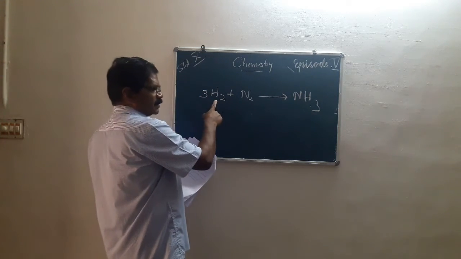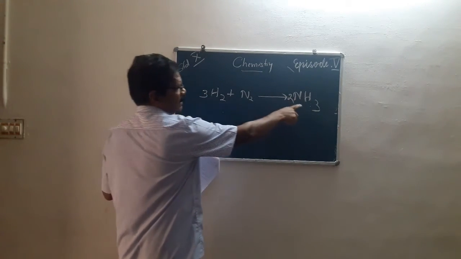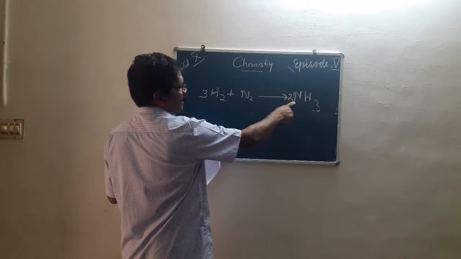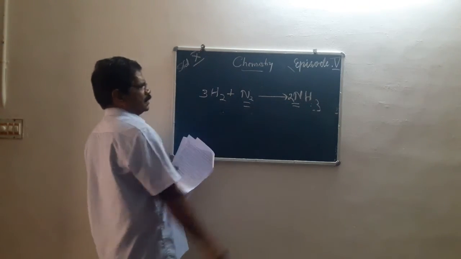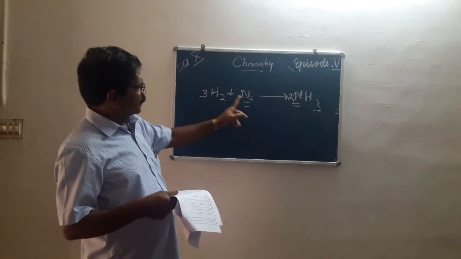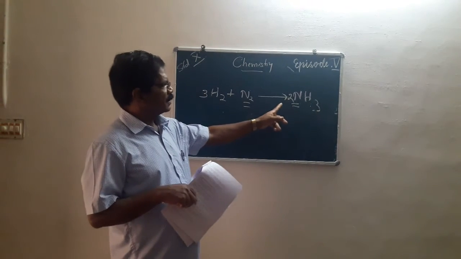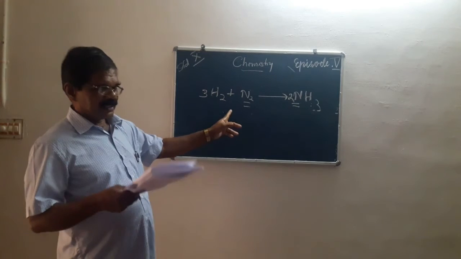If 6 hydrogen atoms are here, we need 6 hydrogen atoms there too. Now it is a balanced equation: 3H2 plus N2 gives 2NH3. You try and check it again before writing.